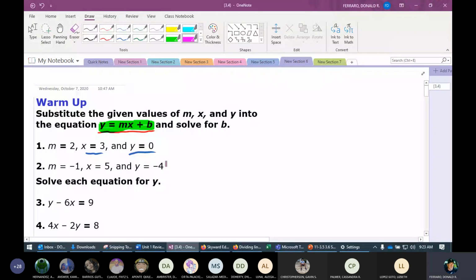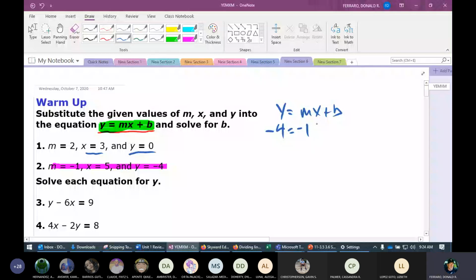All right, so help me substitute in these numbers into my equation. The equation is y equals mx plus b. Notice I write it again and again. That's an equation we're going to use time and time again whenever we're talking about a line. So, Nieli, what's my y value? Negative 4. So I've got negative 4 equals negative 1 times 5.